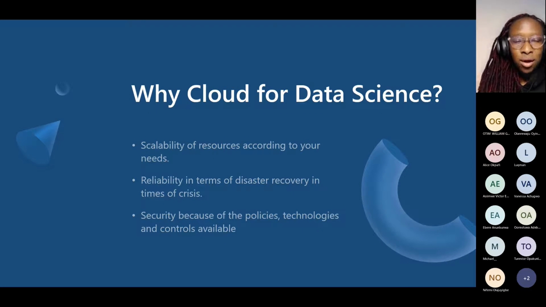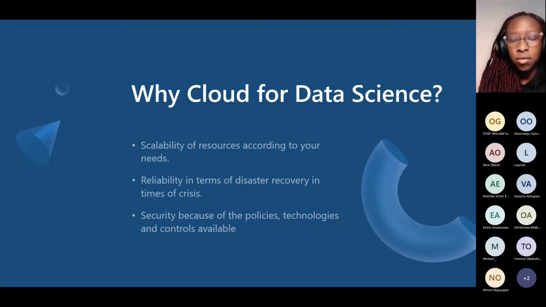It might cost you a lot of money to have all of them in one place, like multiple cores of GPUs and CPUs in one place. But with the cloud, you can say, this time we have a lot of data we want to edit and predict, so it might necessitate using a very large amount of GPUs and CPUs, but after a while you realize you just need a small amount.